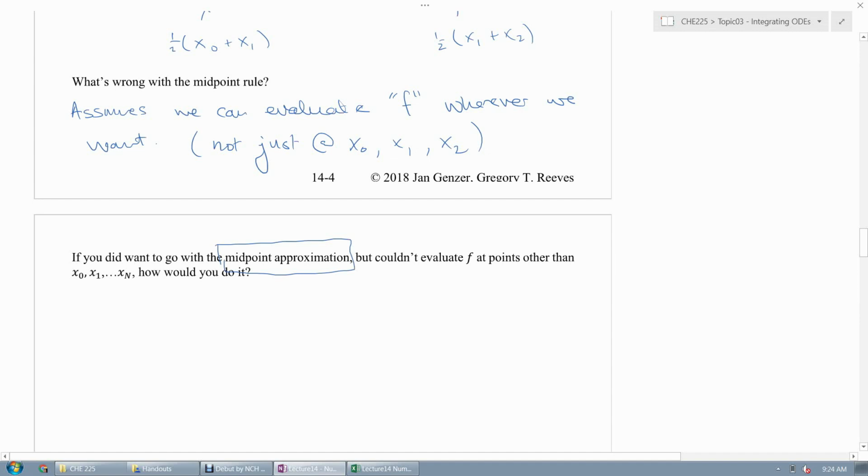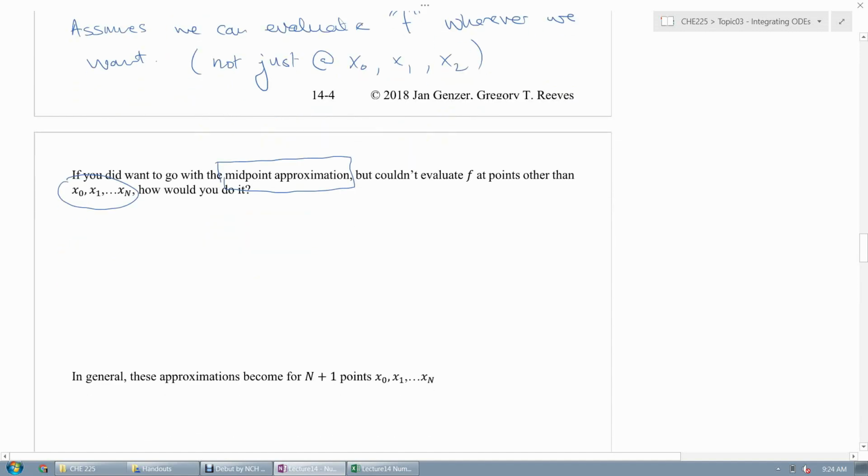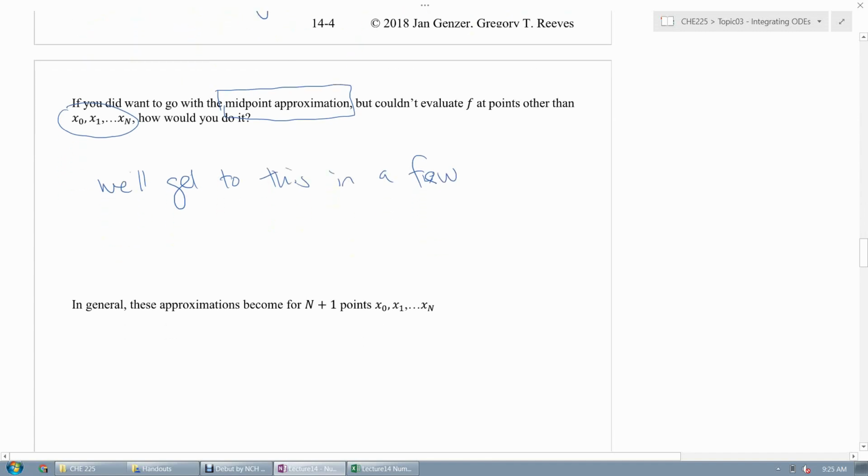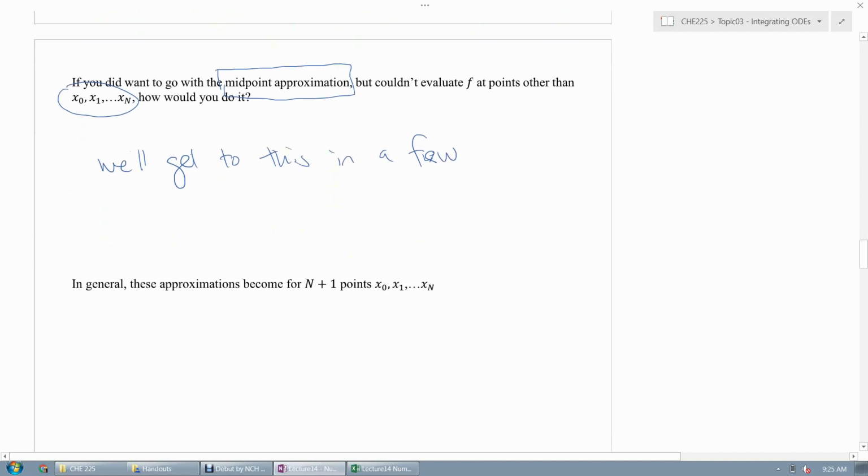So if you did want to do the midpoint approximation, definitely if we can, but we can't evaluate or don't want to evaluate f at points other than some discrete set of points that have already been given to us, how would we do it? And we'll get to this later in a few minutes.